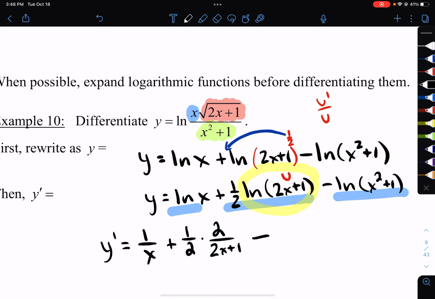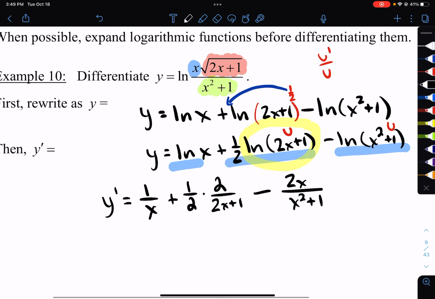Then I'm going to subtract the derivative of this right here, which is also kind of like having a u, right? So it's going to become u prime on top. So the derivative of that is 2x. And on the bottom is just the regular u, which is x squared plus 1. And I could stop right there if I was wanting to clean this up and practice my algebra.